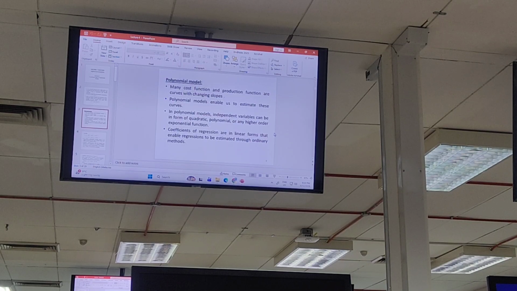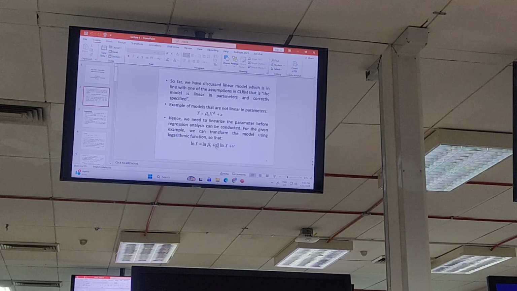So basically the relationship between y and x is not necessarily linear, so we can use a non-linear relationship between y and x, but the parameters in the model are in linear form.